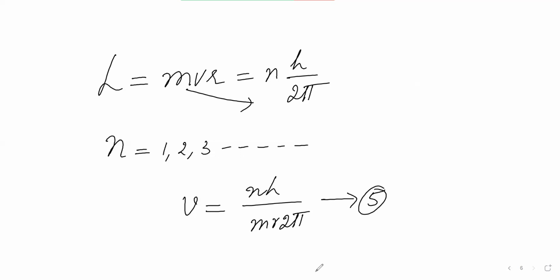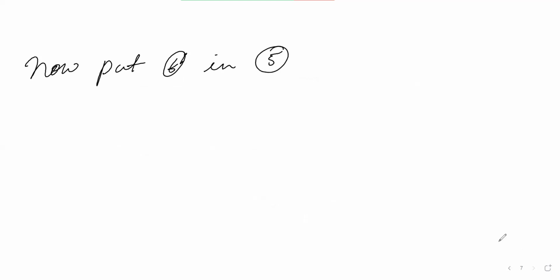Now what I will do here, V means what? NH divided by MR 2 pi, right? So now put equation 5 in 4.